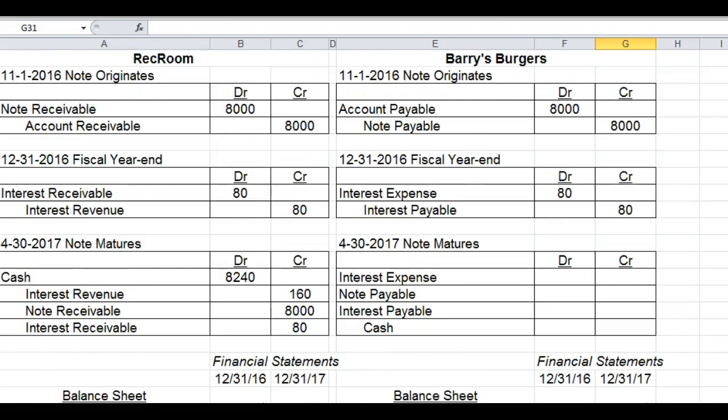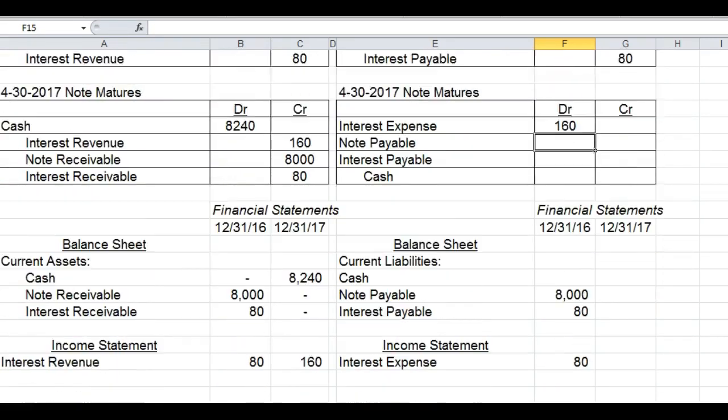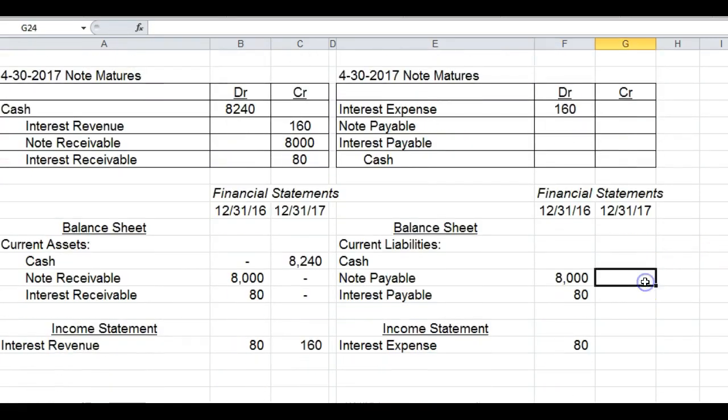Now let's go to our second year. So 4 months go by. We have incurred 4 months interest, so $160, twice as much. And we're going to pay off our payable. So when this is all said and done, we won't have a note payable, and we're also going to pay off that interest payable.